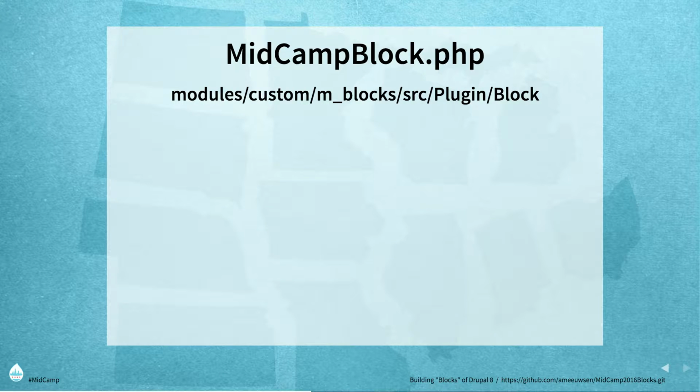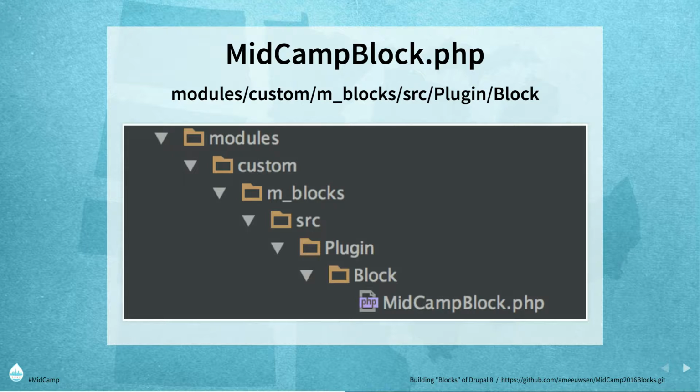The next two folders, plugin and block, you can name these what you want. However, everything in Drupal is done in this format for a block plugin at least. So I would just advise to follow the same thing as far as the name and the capitalization. That's just how they do it. So I would just follow that.